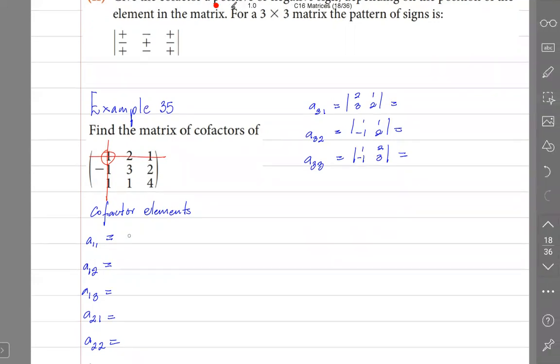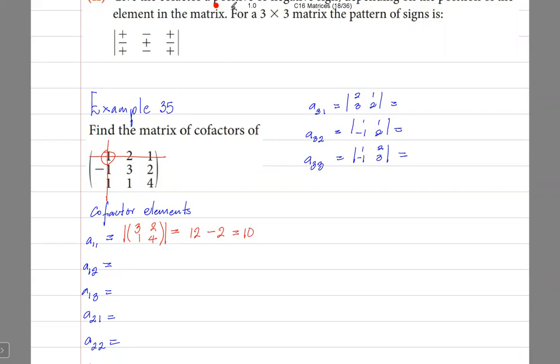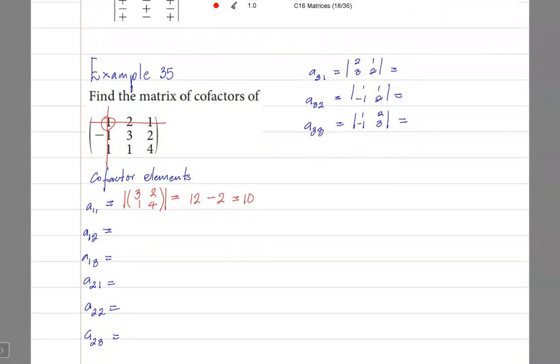The cofactor of the element in row 1, column 1 is the determinant of [3, 1; 2, 4]. The determinant here is 3 times 4, 12, minus 2 times 1, 2. The determinant is 10, so the cofactor of that element is 10.